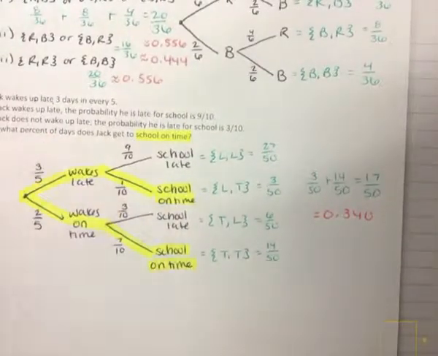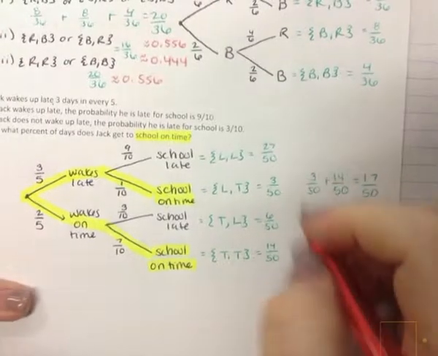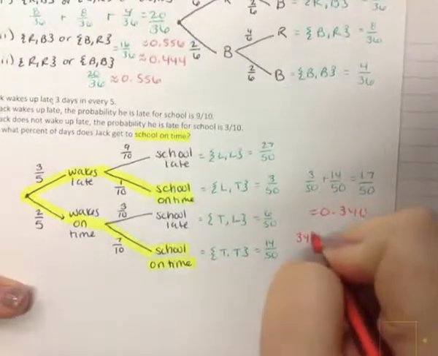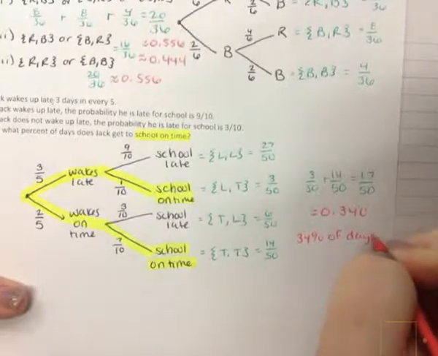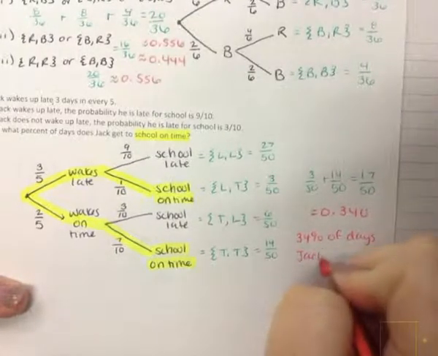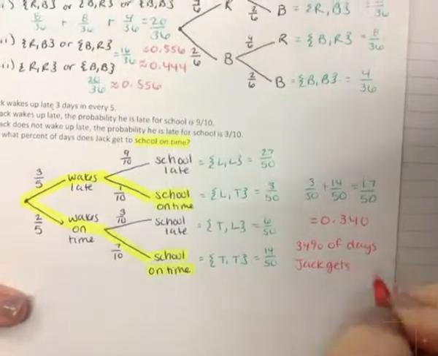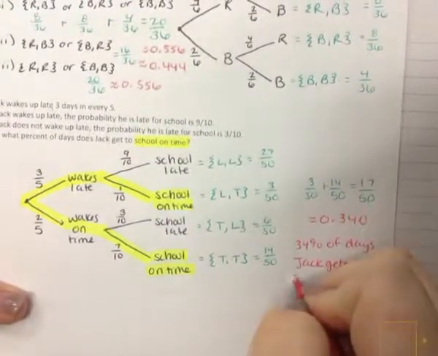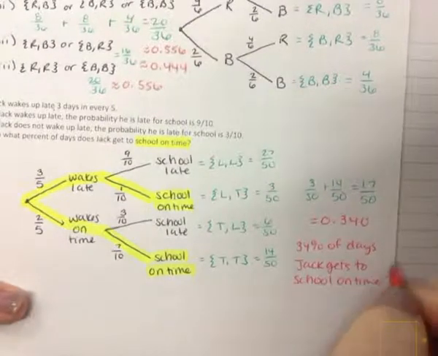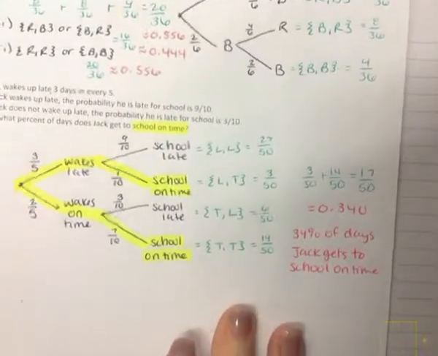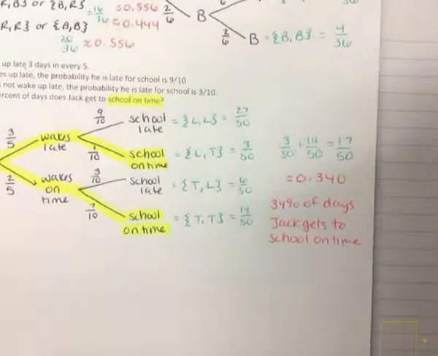So we do need to change this back into a percentage, which is 34%. So we would say 34% of days Jack gets to school on time. So Jack does not get to school on time much at all.